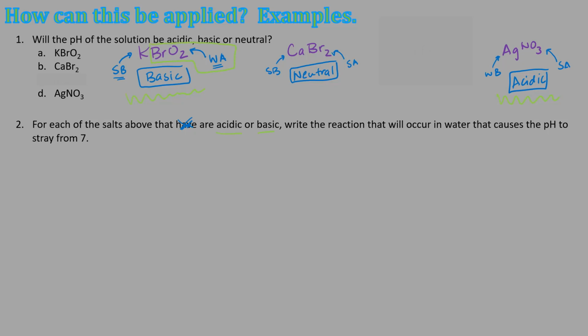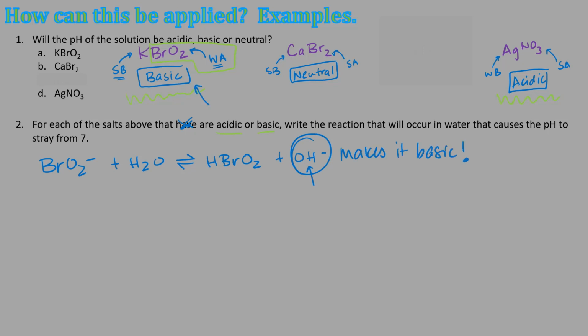Strong, we use to determine if it's acidic or basic, but it's not really what's making the pH stray. What I have is BrO2 negative going in water. Since it's negatively charged, it's going to pick up a hydrogen, and it's going to leave a hydroxide because it stole a hydrogen. So that's the reaction for that first one, and that's why it's basic, because it's making hydroxide, which is what we determined it was going to be.